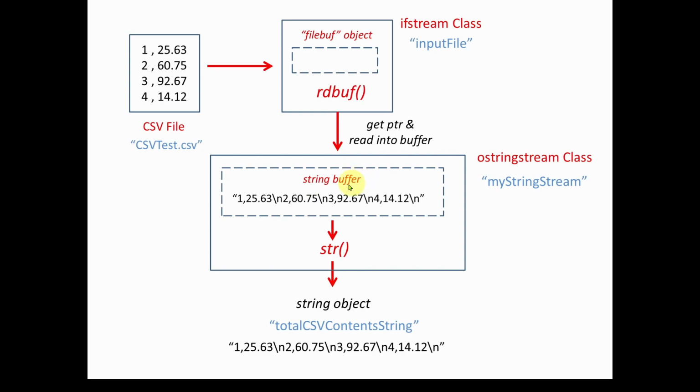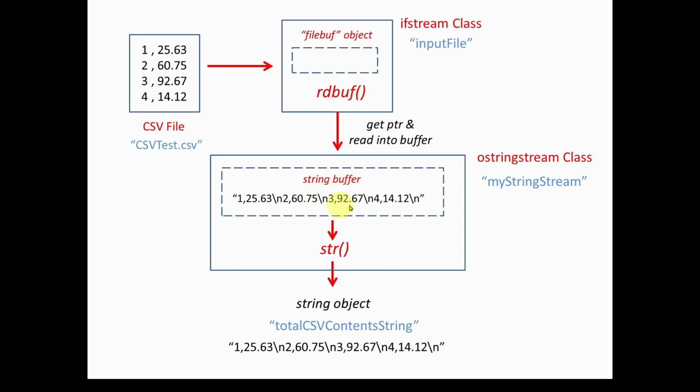So it's basically going to take all of those contents of data from the file, and as we said, it's going to be one long line of data with the values and the terminating characters. All right. So the stringstream class, we're going to call it my stringstream, has a buffer in it, and it's going to hold all that data.